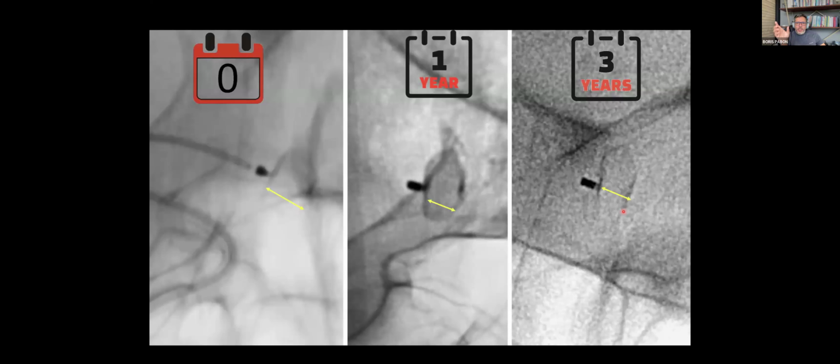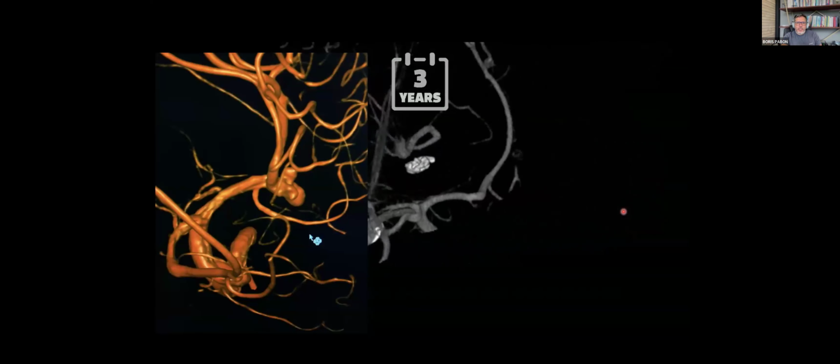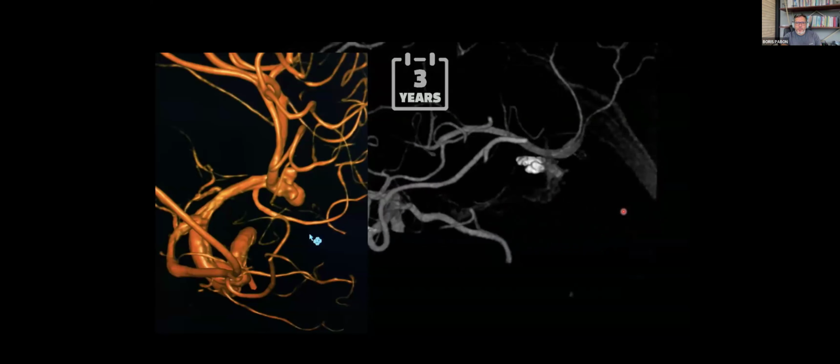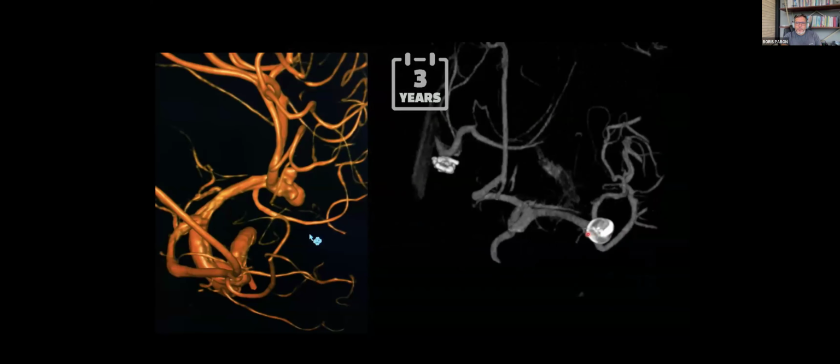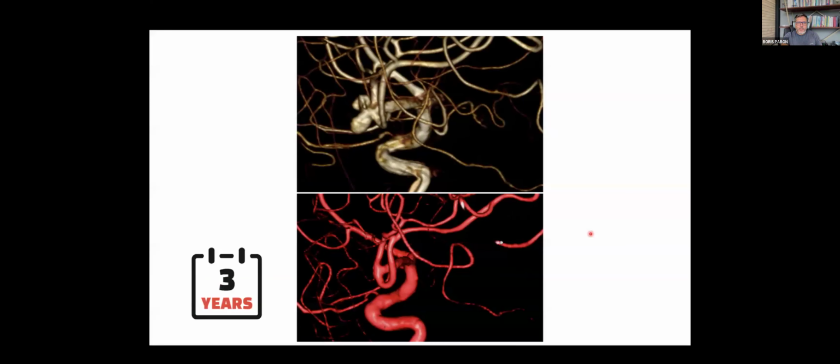In this particular scenario, the height of the device was significantly reduced, but the final result, as you may see here, is really good after 3 years of follow-up. This is the same projection in the initial rotational at the 3D, and here the final angiographic result 3 years later.